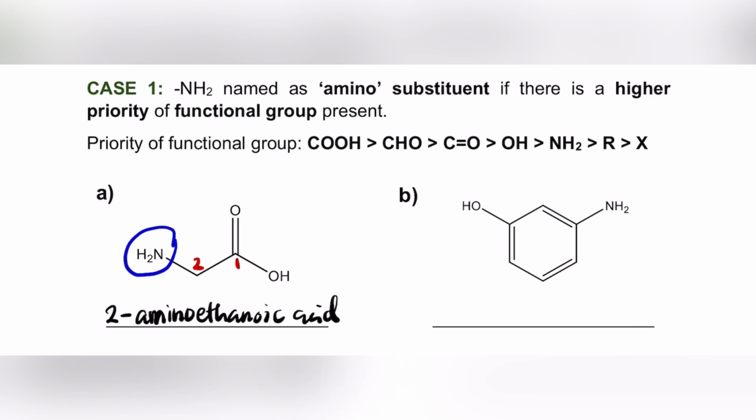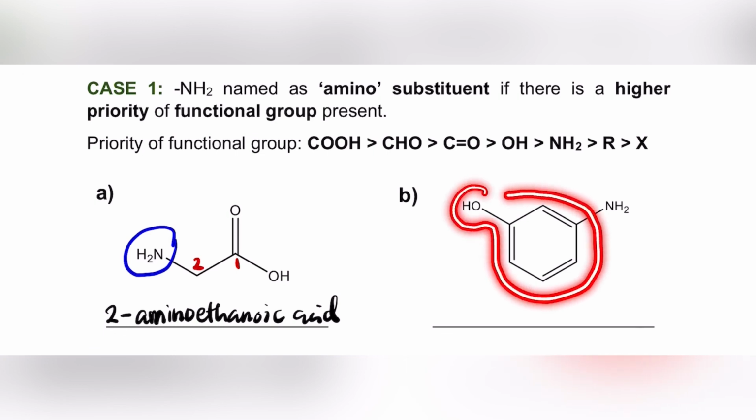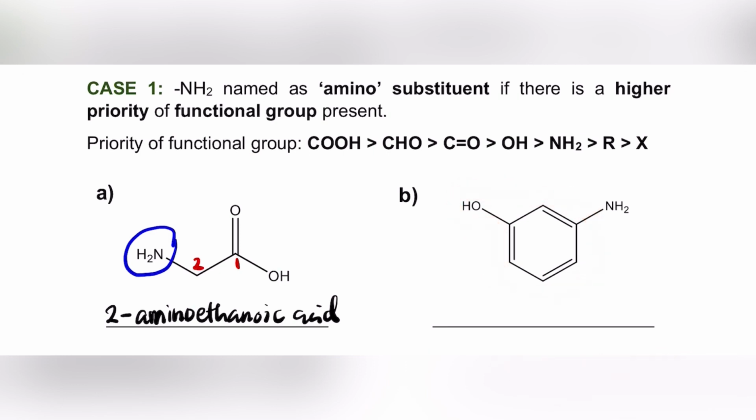Next one, kita ada this structure di mana saya ada OH dan OH ni include sekali dengan benzene ring. Dia akan berikan nama common name for benzene derivatives iaitu phenol. And then this phenol is our parent. And then kita ada NH2 sebagai substituent iaitu amino.